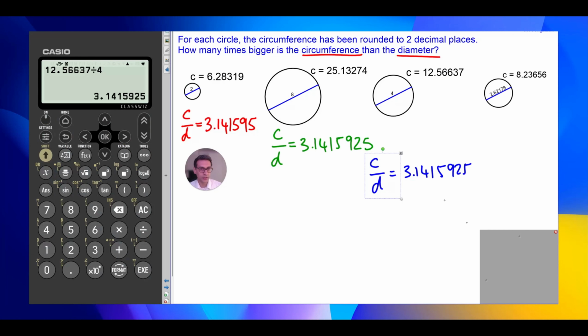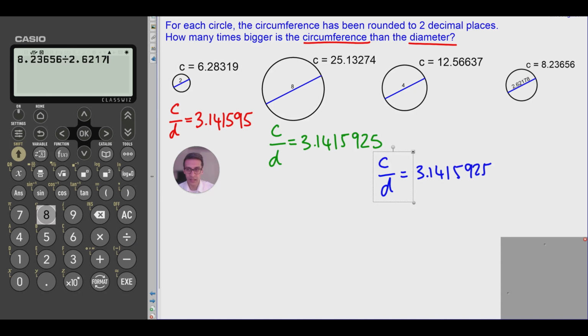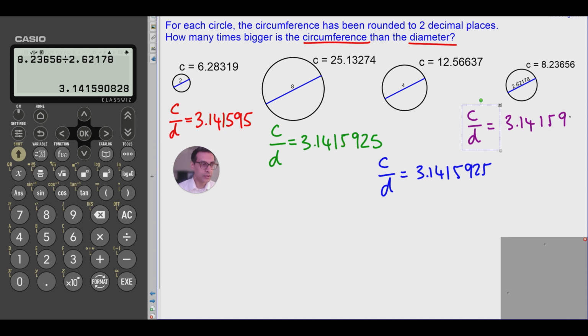And in the last circle, let's put the numbers in here. So 8.23656 divided by 2.62178, and surprise, we get the same number again. So C over D for the last one is 3.1415908.